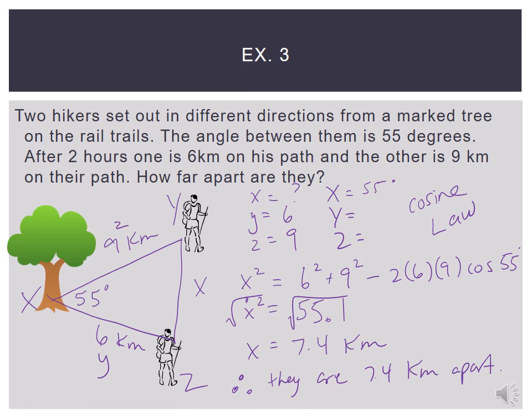One thing I want to leave you with thinking about is, what if instead of giving you their distances, I gave you their speeds? What if I gave you this question, but I said one was traveling 6 kilometers an hour and one was traveling 9 kilometers an hour. How far apart are they after 2 hours? So there might be one additional step there. I'll leave that with you.